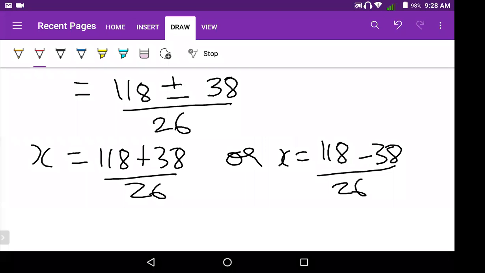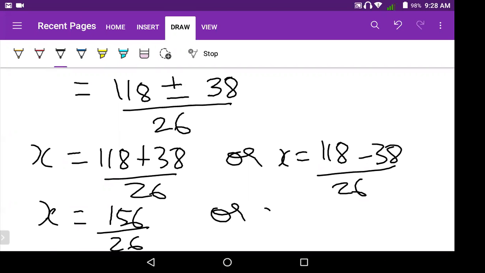So therefore x is equal to 118 plus 38. How much do you get? x is equal to 156 by 26, or x is equal to 118 minus 38 will give me 80 by 26.